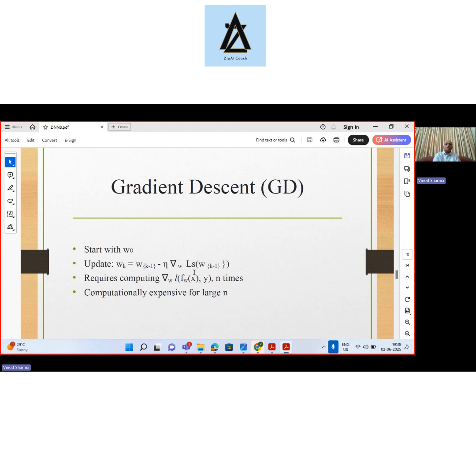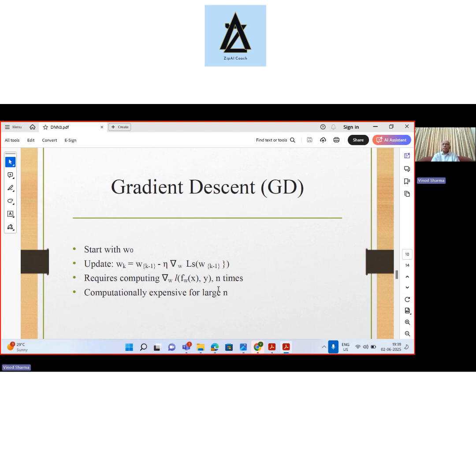Remember, L_S is the empirical risk. This is the average of the loss at all the training points. To evaluate this function, the summation of n terms like this, we will have to compute the gradient with respect to W of this loss function n times, where n is the number of training sequences.